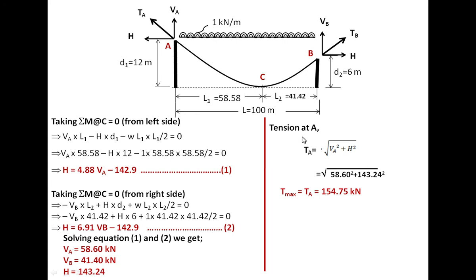So T max is at A, that is root of VA square plus H square, that is 58.6 square plus 143.24 square, and that is going to be 154.75 kilonewton. And tension at B is under root of VB square plus H square, which is going to be 149.10. As we can see, this is T max.